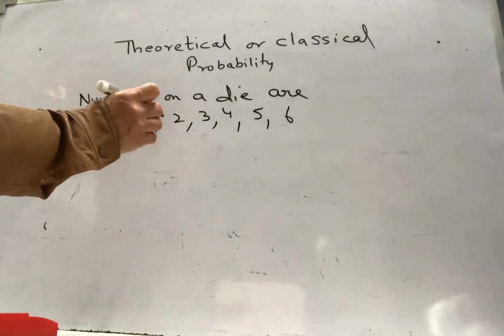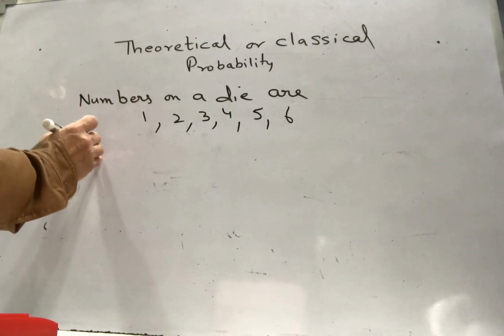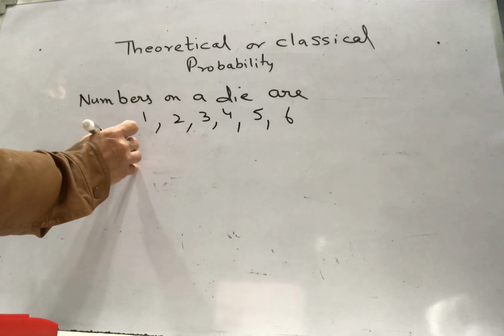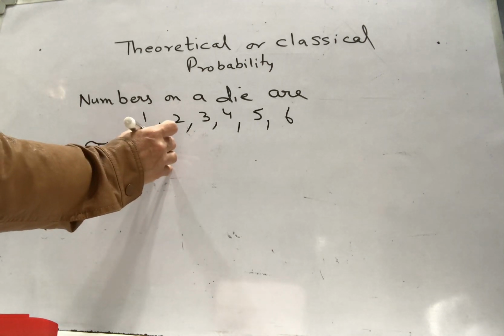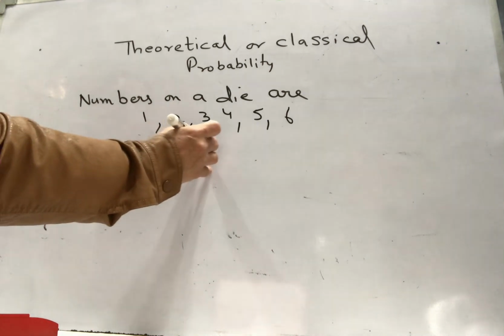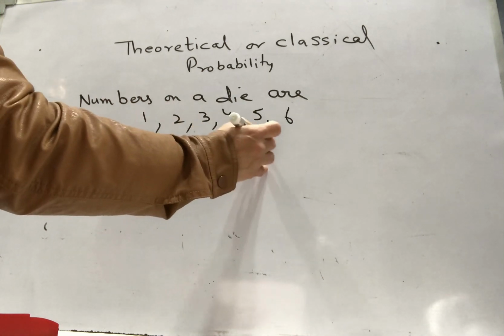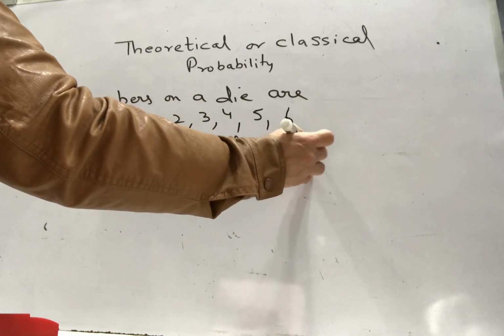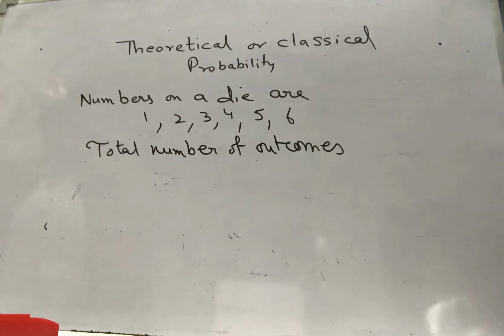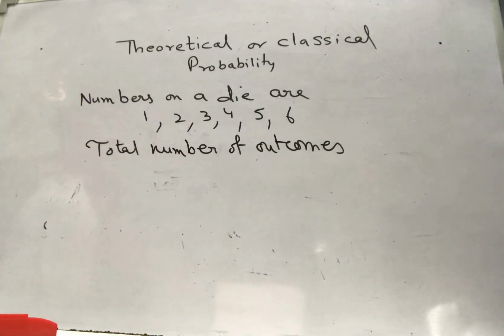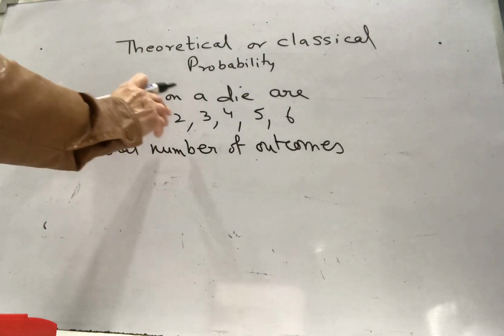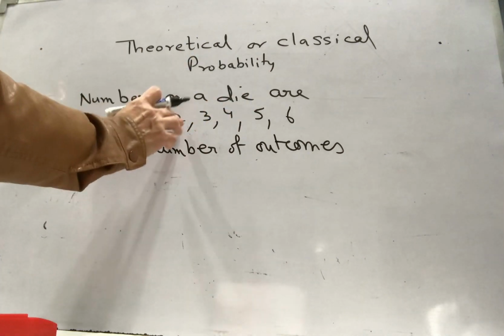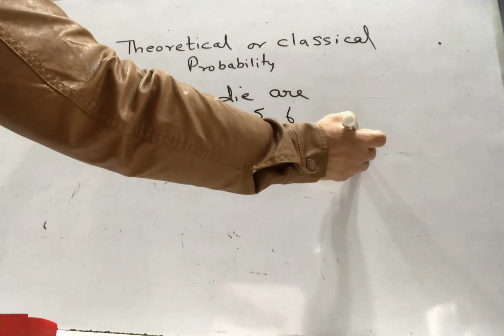So if we want the probability of an event, first we write the total number of outcomes, and this total is always written in the denominator, as you have just seen in the formula. So total number of outcomes is 6.